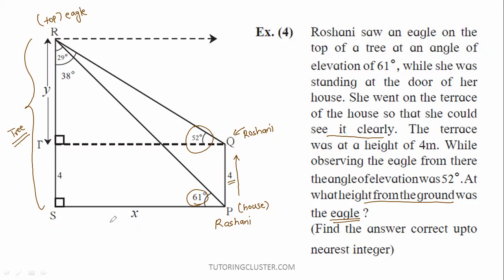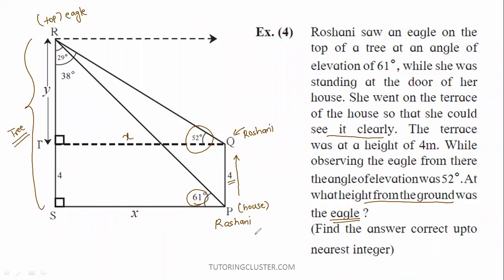Let us assume this distance as x, and this distance as y meters. So this is going to be a rectangle. So obviously this is going to be x.